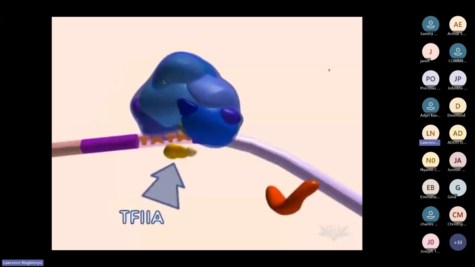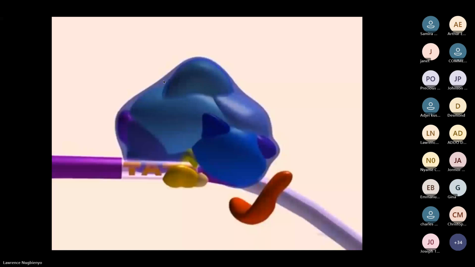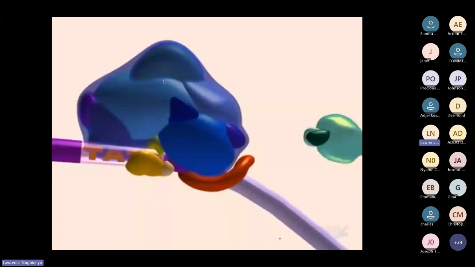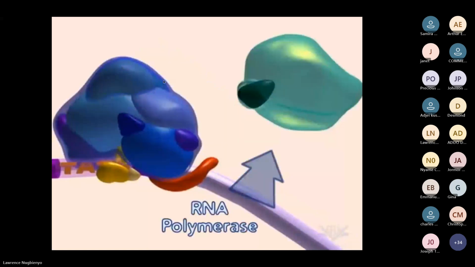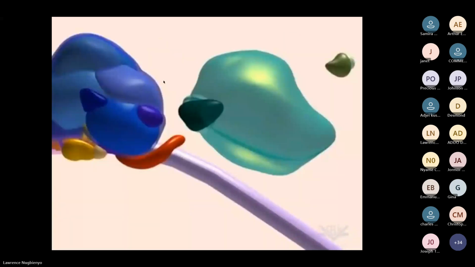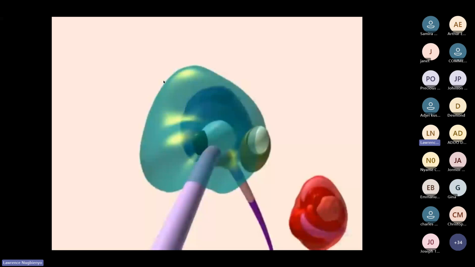Other transcription factors, including TFIIA and TFIIB, then attach. These complexes prepare the DNA for the successful binding of RNA polymerase. Once RNA polymerase is bound, other transcription factors complete the mature transcription complex.